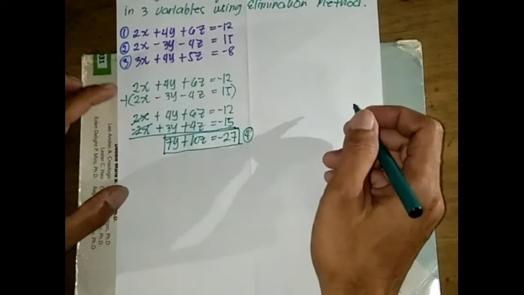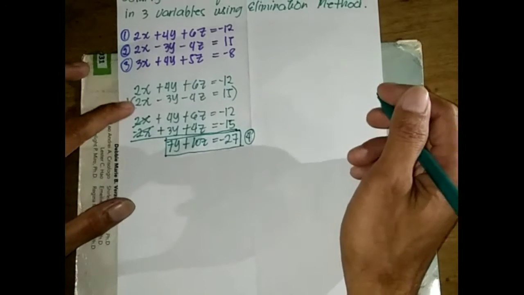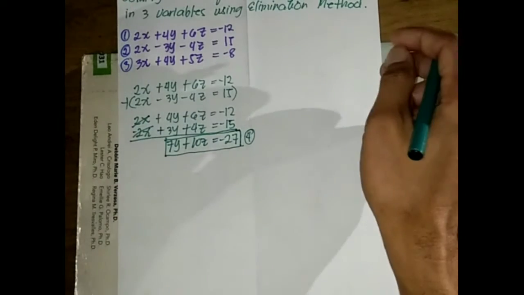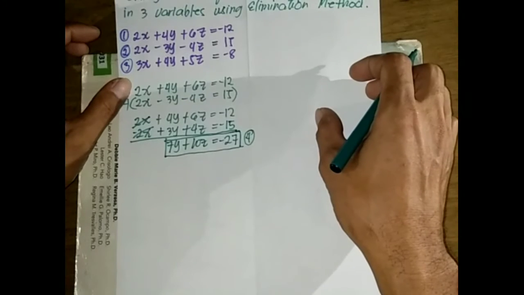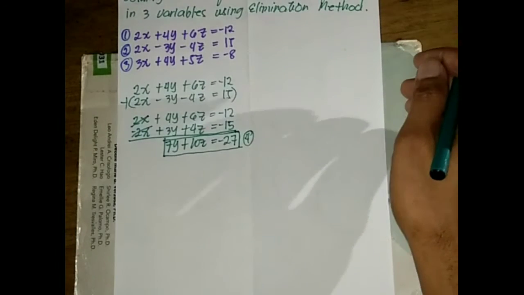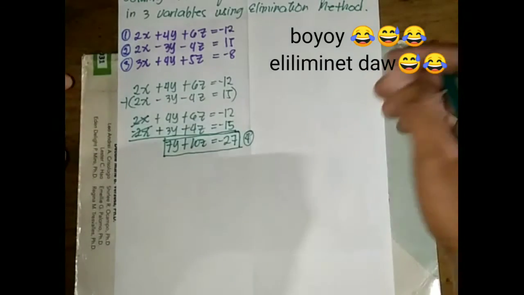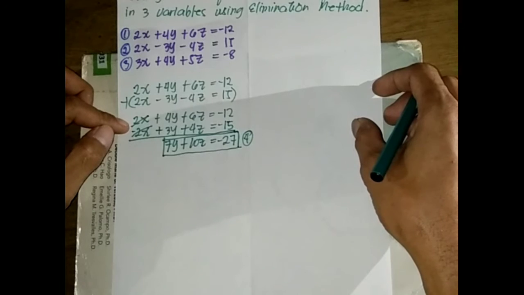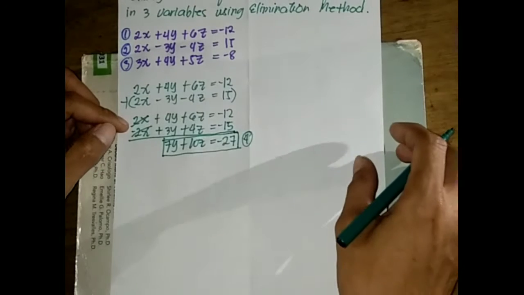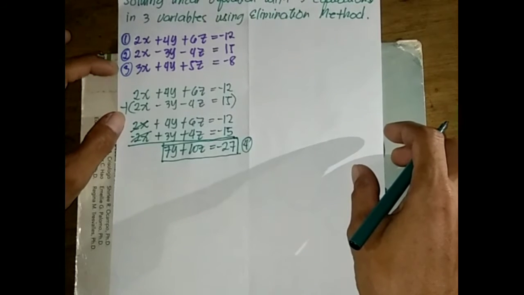Then, for our second step, same process na ginawa natin sa ating first step, pipili tayo ulit ng dalawang equation from the given, then combine and eliminate one variable, same variable na tinanggal natin or kinancel natin on our first step. So, I'll choose equation 1 and equation 3.